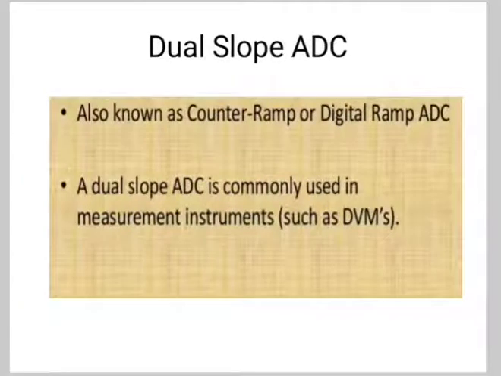So, as the name suggests, a dual slope ADC produces an equivalent digital output for the corresponding analog input by using a dual slope technique.